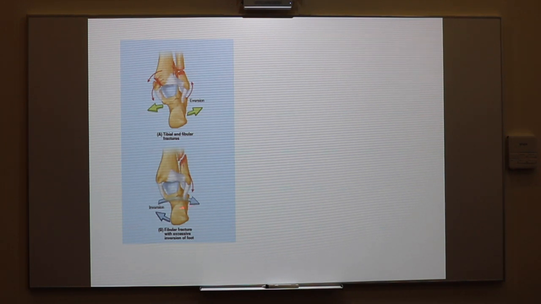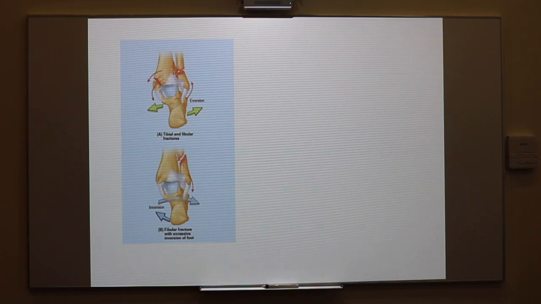And an inversion injury, in which your foot gets inverted, results in more of a lateral malleolar injury. So you can have lateral malleolar fractures in inversion injuries, and you can have both malleolar fractures if you have eversion type of injuries.